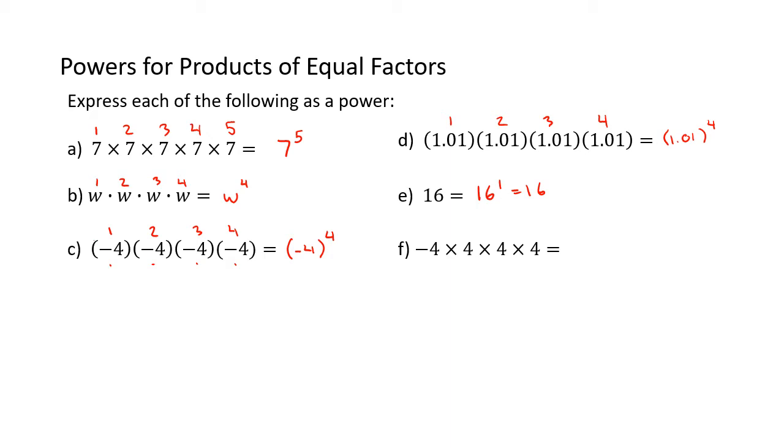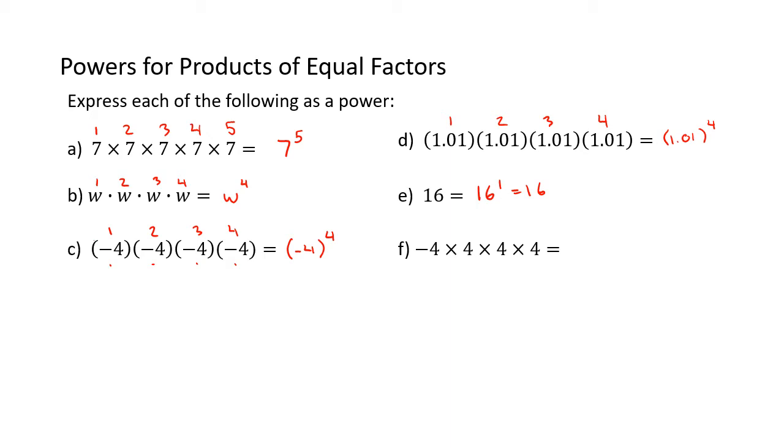Our last example, example F, has the number 4, but the first number here is negative, so they're not all the same number. The base in this instance is not negative 4.